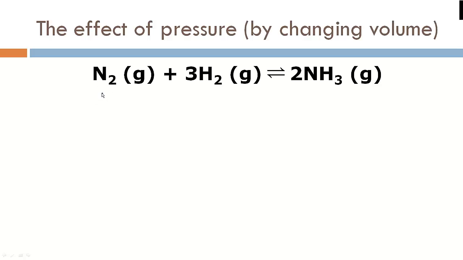So let's say that you had 0.5 moles of N2 and 0.5 moles of H2 and 0.5 moles of NH3, and let's say it's at equilibrium inside a container that has a volume of 1 liter. Well, we can calculate molarity. Molarity is 0.5 molar. Let's say I take that same container and I decrease the volume.